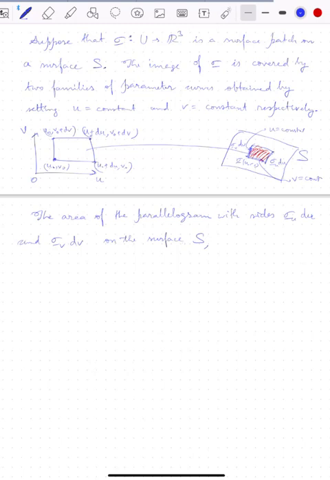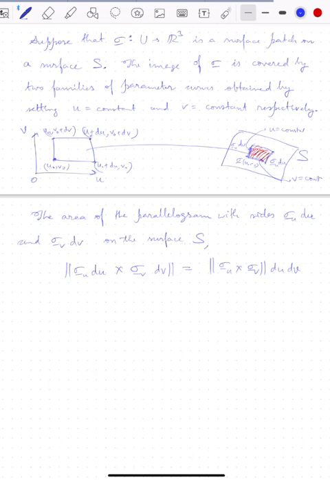So this is given by the norm of the cross product of sigma u cross sigma v. I'll just call it du since we're already assuming it to be infinitesimal, and dv, right? And this comes out to be just sigma u cross sigma v, right?